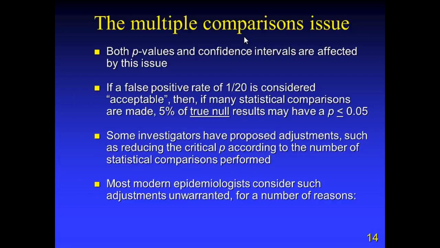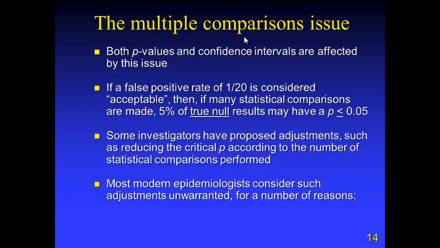So you can imagine that if you carry out a whole lot of different statistical comparisons, then of those, 5% should have a false positive result, even if the truth is that the null result applies. In other words, there's no association. But simply by carrying out at least 20 tests, you would expect to get one of those showing a p-value less than 0.05 purely by chance alone, even if the truth was a null result.